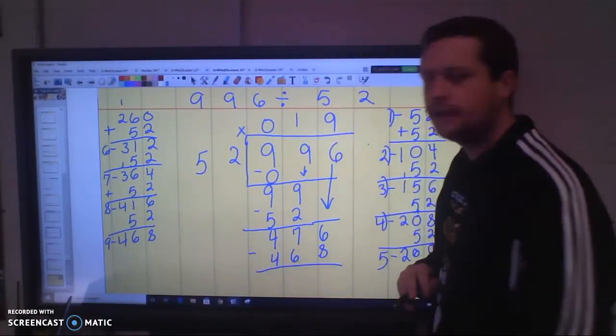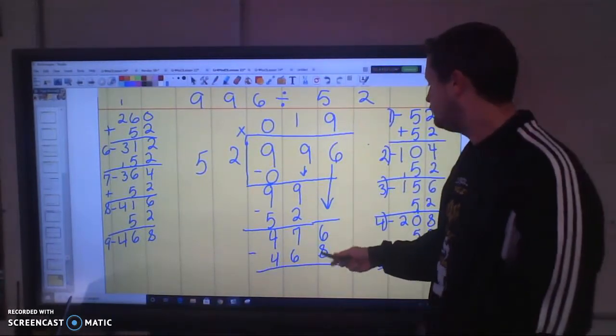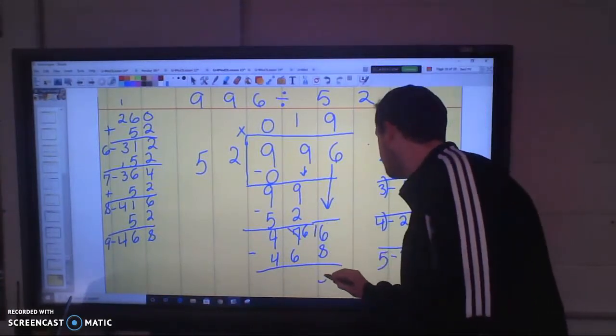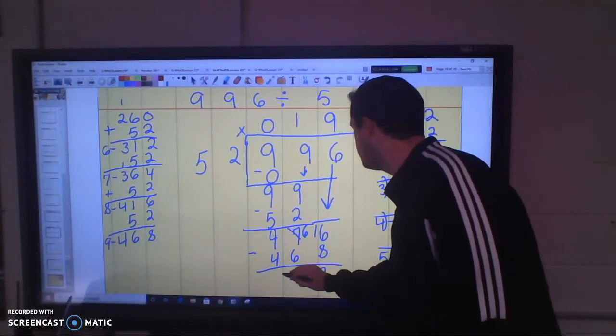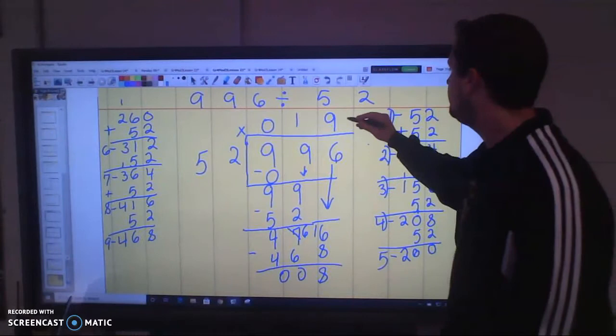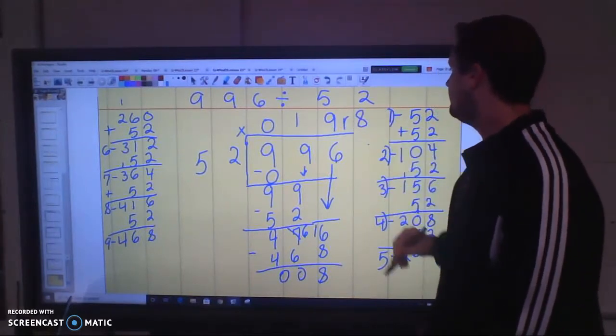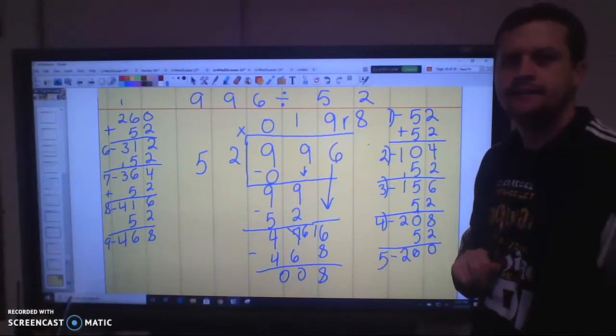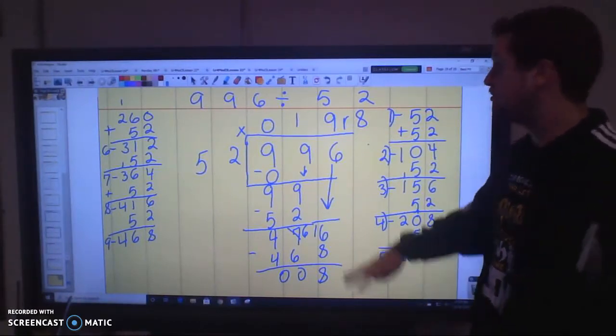We're going to subtract. I can't do 6 minus 8. Can't do 16 minus 8, which is 8. So my answer is 19, remainder 8. 19, remainder 8. Now, we're going to check this. That was a lot of work.